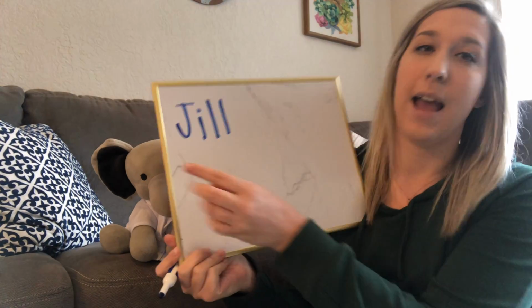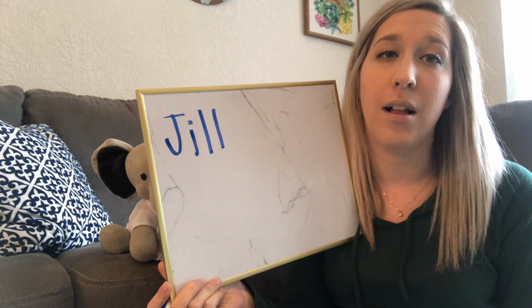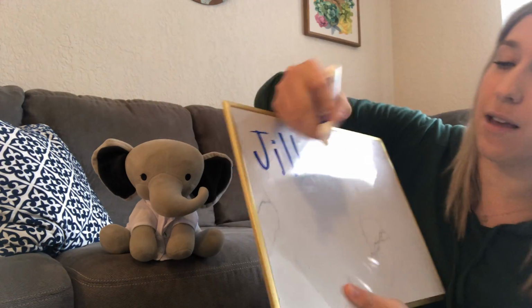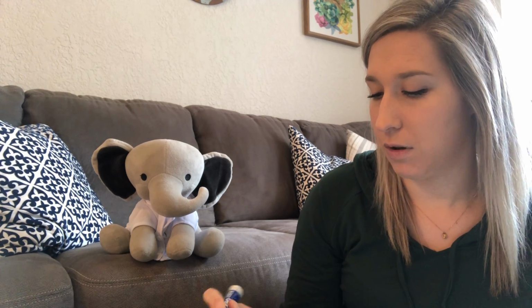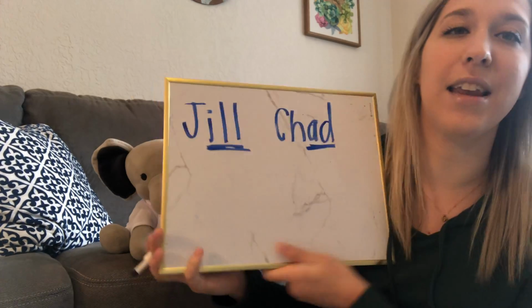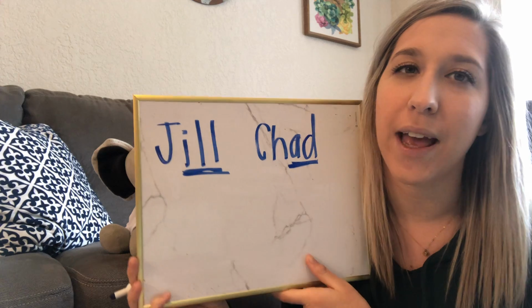Okay, we want to think of just a 1-syllable character name because those will be the easiest for us to come up with rhymes. Some names that we could use are Jill, and have that ill ending, that ill rhyming. We could do Chad, and have that ad ending, ad, okay.